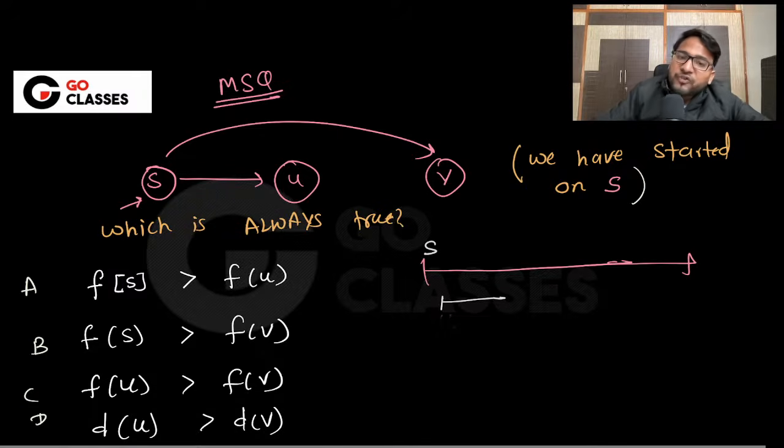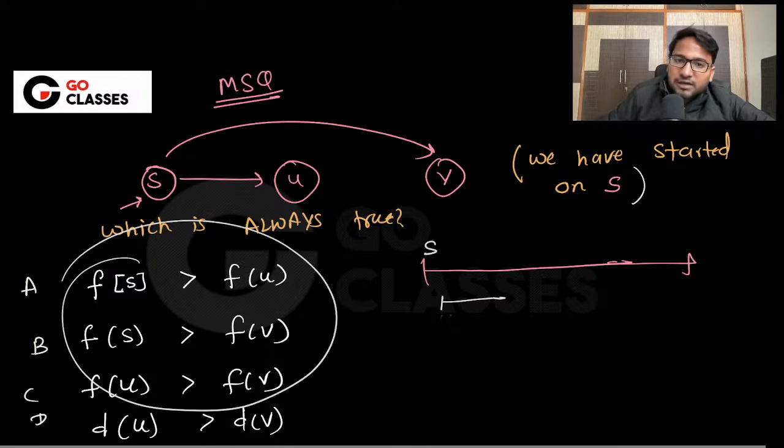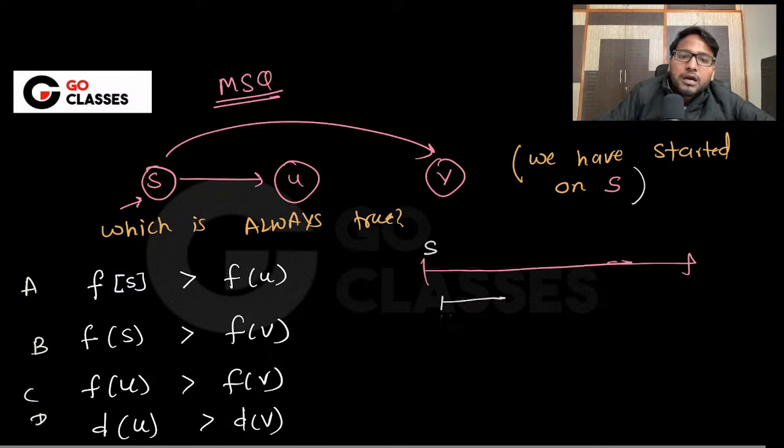But can we say something about the finish times? Let's see if we can say something about the finish time of S. If we start S and after that I start U, and if there's an edge from U to B, then maybe I can start V here only, which means U, and then V here only.